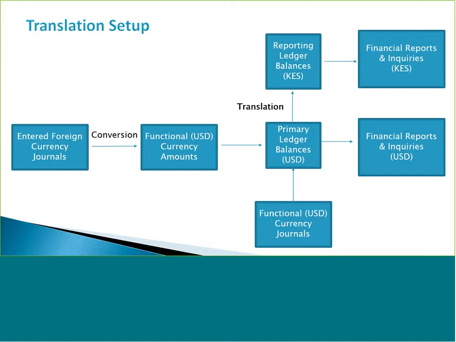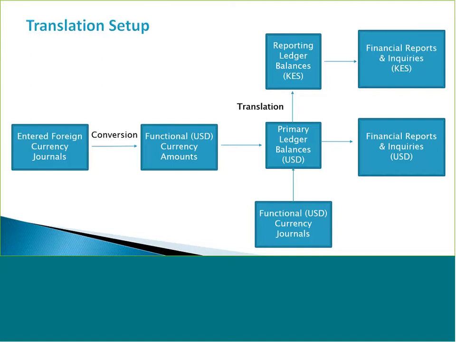We convert them to a reporting currency of our choice through the process of translation. And what this does is that it enables us to create financial reports both in the functional currency and in the foreign currency or the reporting currency.